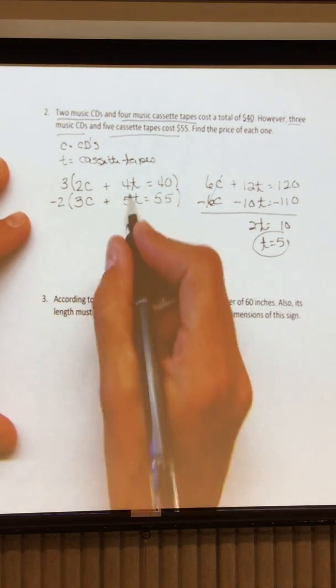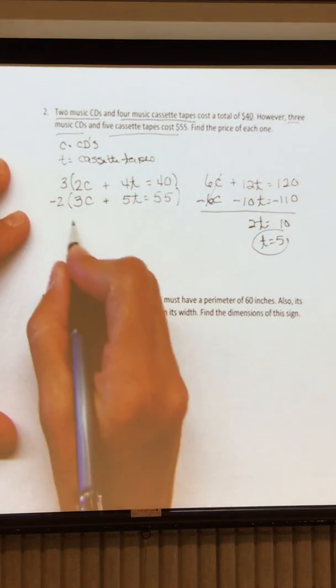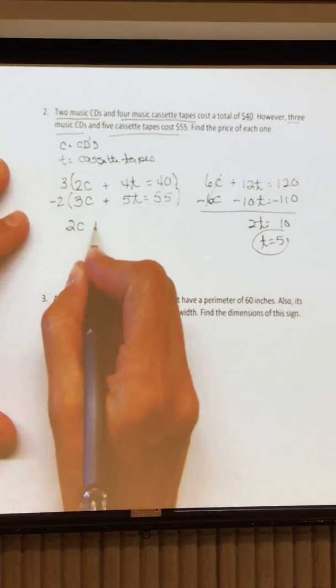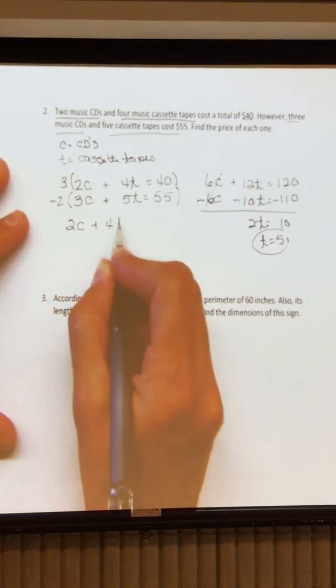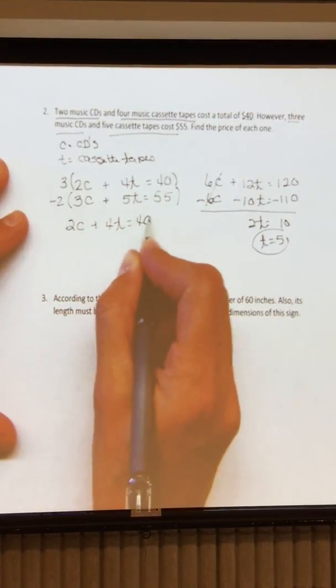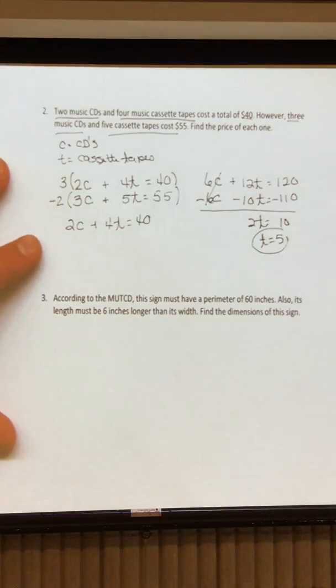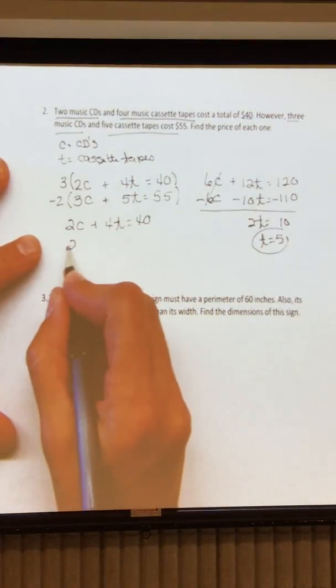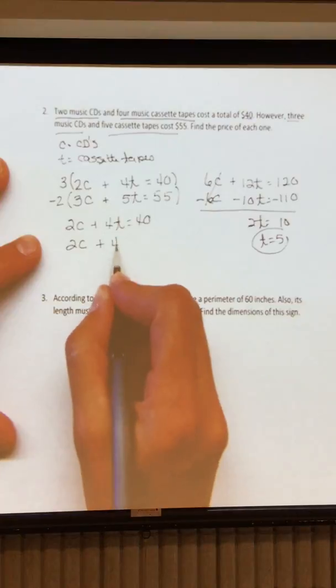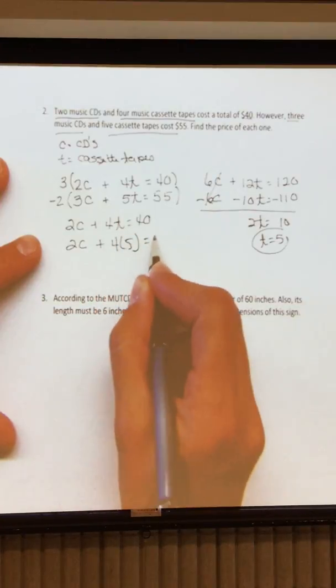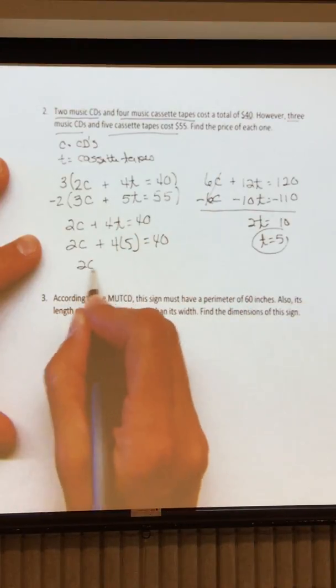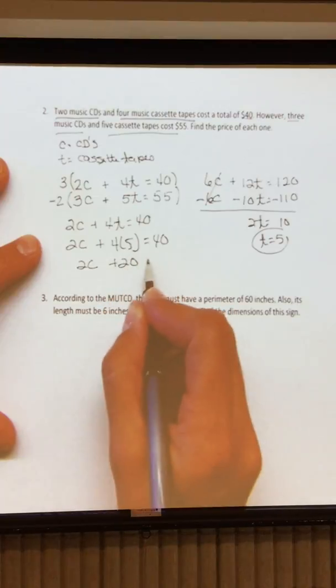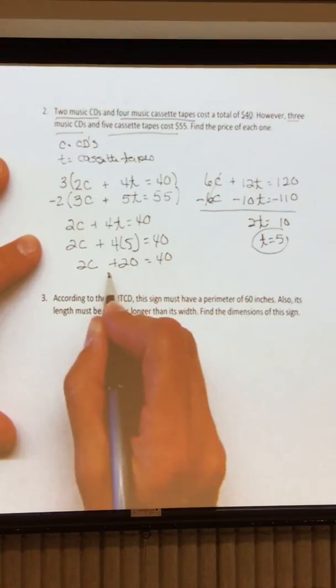Plugging the 5 back into the system, we have 2C plus 4T is equal to 40. So let us substitute 5 into the T. We have 2C plus 4 times 5 is equal to 40. 2C plus 20 is equal to 40.